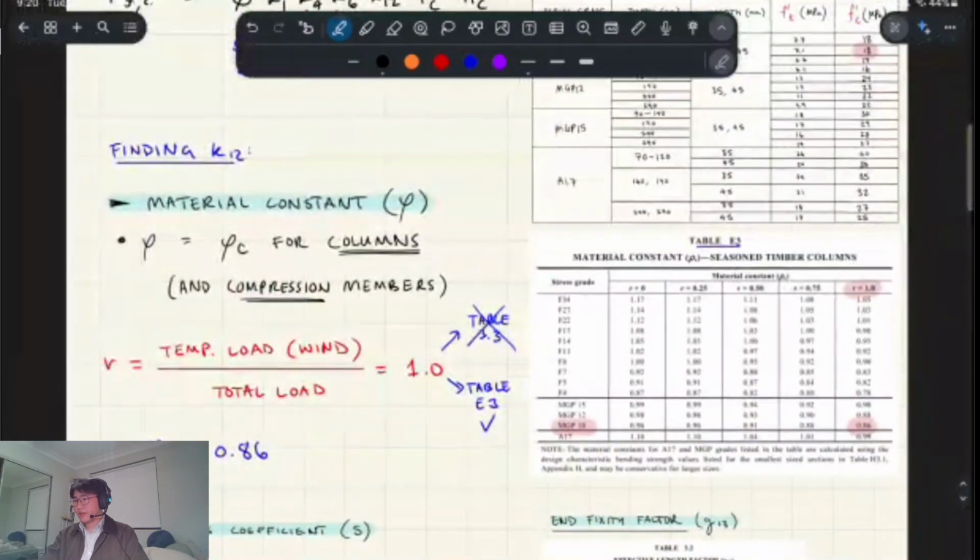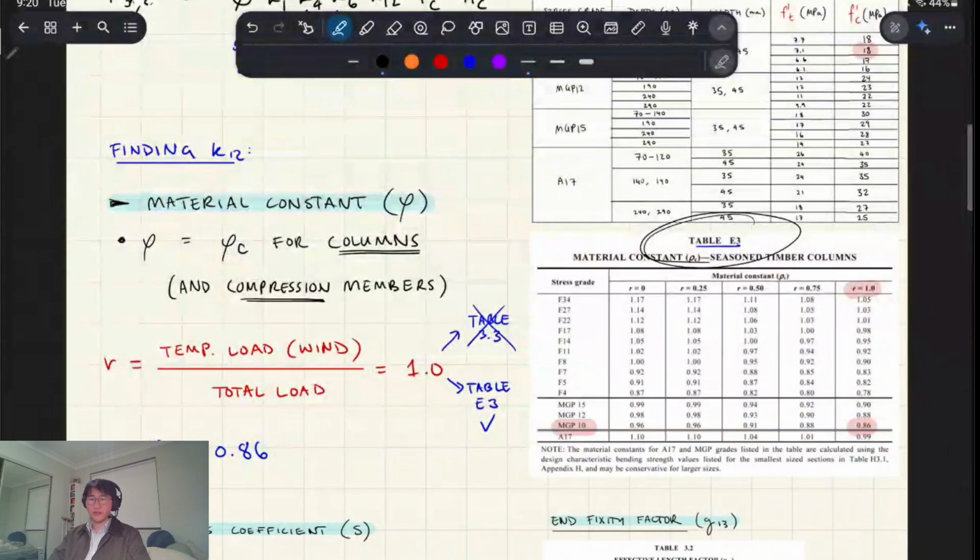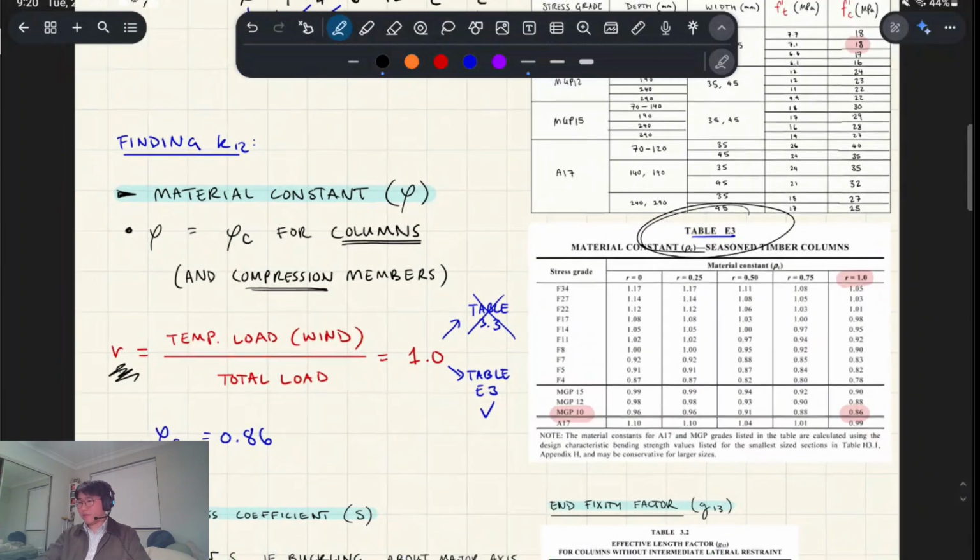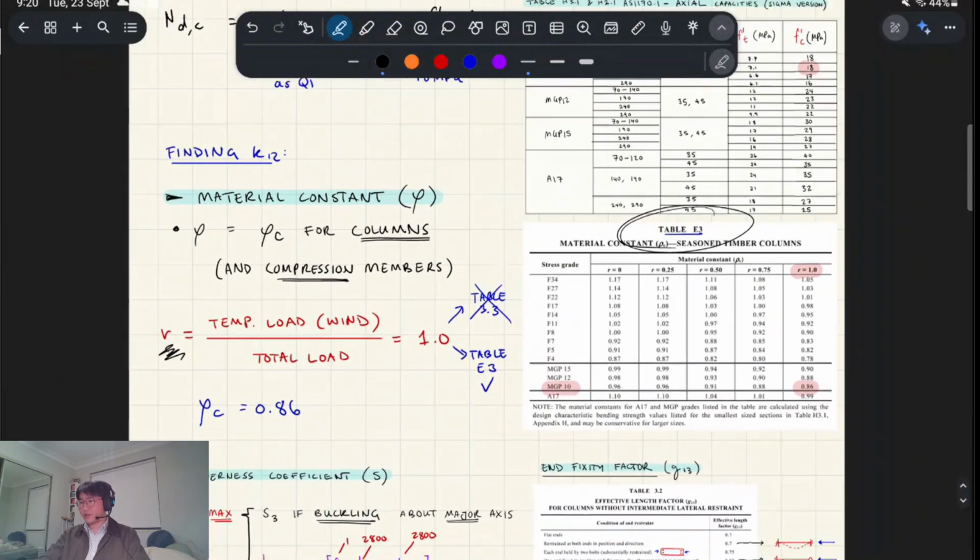Okay, here's where they whip out table E3, from the appendix. What I was saying earlier is the R ratio, the temporary load to total load ratio. Instead of being 0.25, it is actually 1, when we only have wind going on, where the temporary load is the total load.